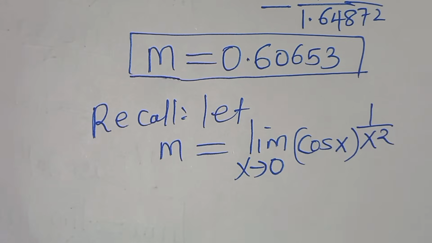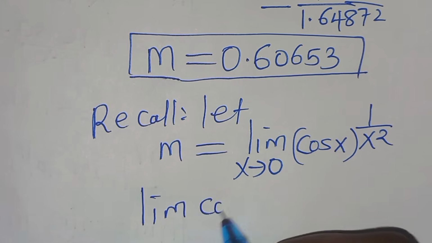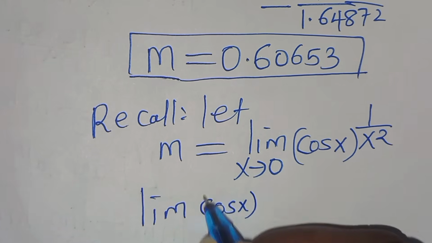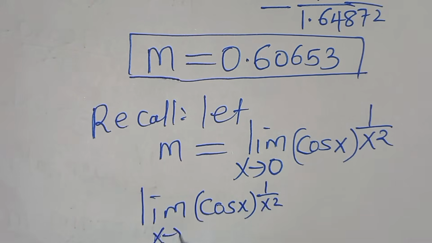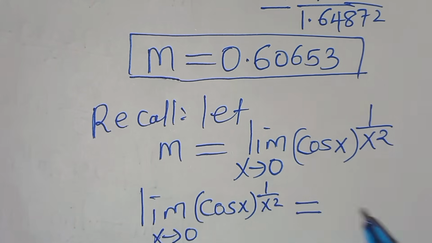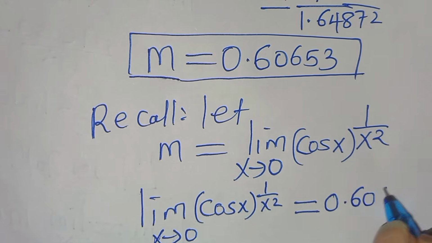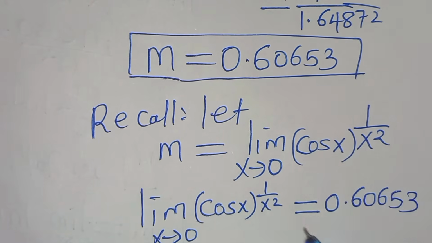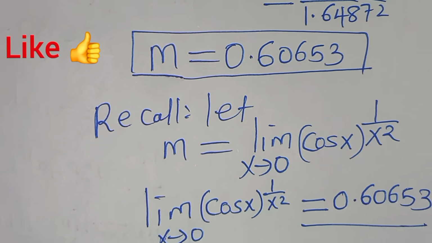So this implies that the limit of cos x raised to the power of 1 over x squared as x tends to 0 is equal to 0.60653. And this is the solution to this limit function.